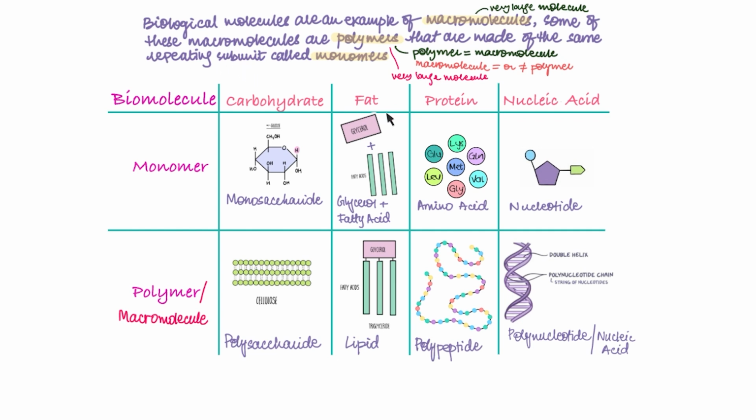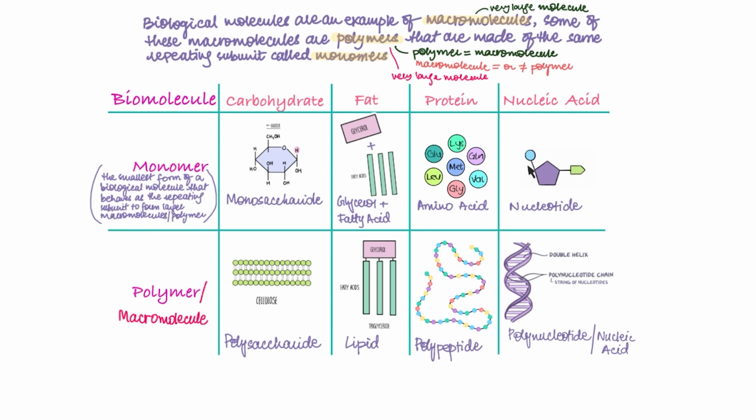So, for example, a protein is an example of a polypeptide, which means it is a polymer that is made up of the same repeating subunits, which is going to be your amino acid. And a single amino acid is actually the monomer of protein. So, a monomer is the single basic subunit that ends up joining together to give rise to a larger molecule, a polymer or a macromolecule.